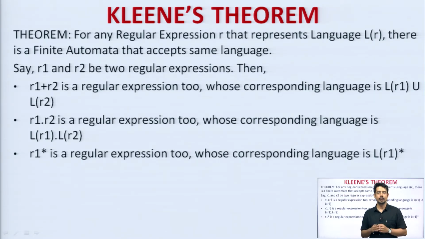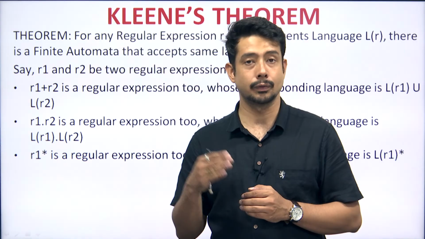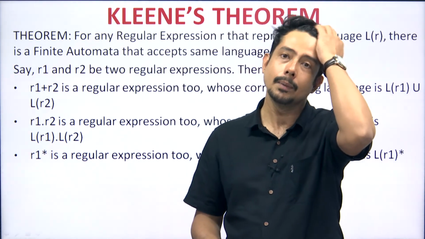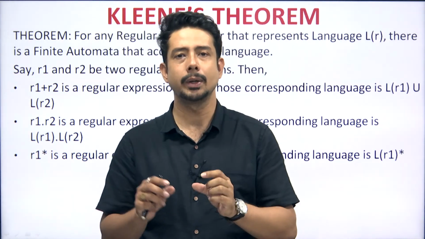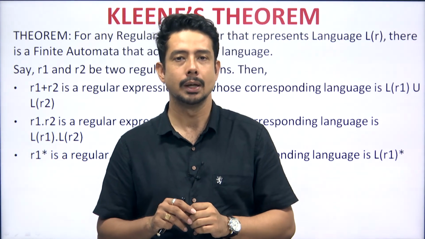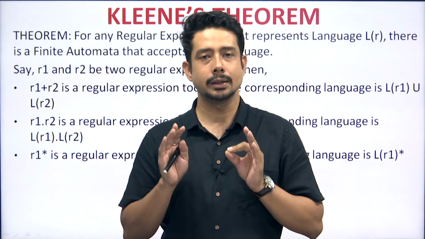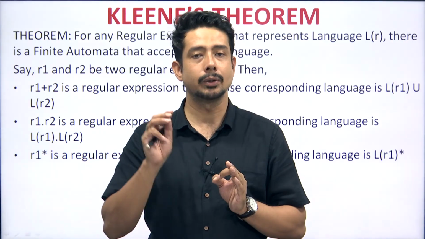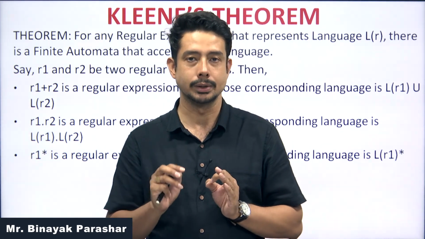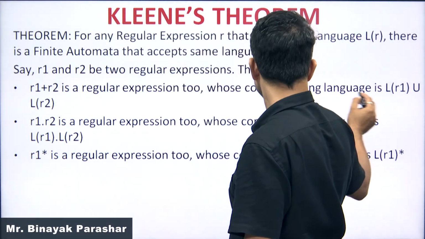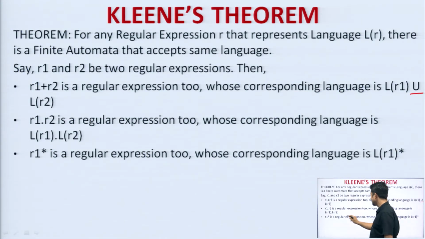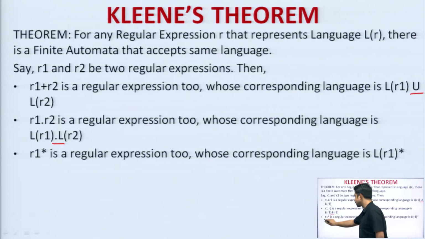Now, I think till now we have understood the conversion of a regular expression to a finite automata. Now, we will look into a little bit of the theoretical part, what is known as Kleene's theorem. Kleene's theorem is exactly the same concept which we have learned about the basic preliminary operators, that is nothing but union, concatenation and then Kleene closure. So, these three things together we call Kleene's theorem.